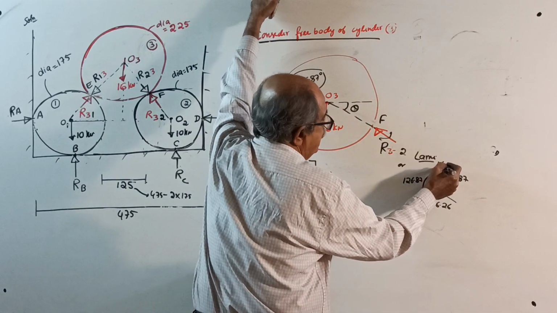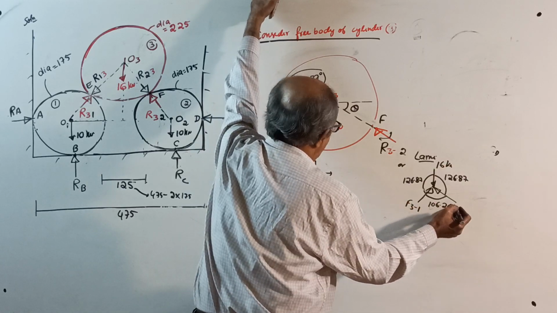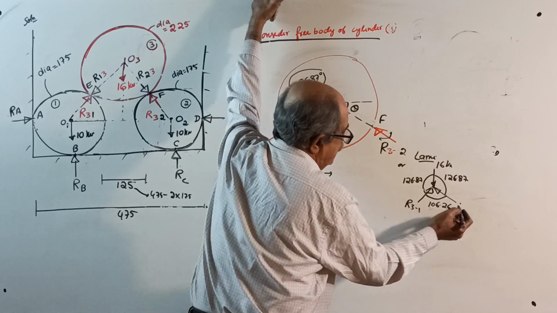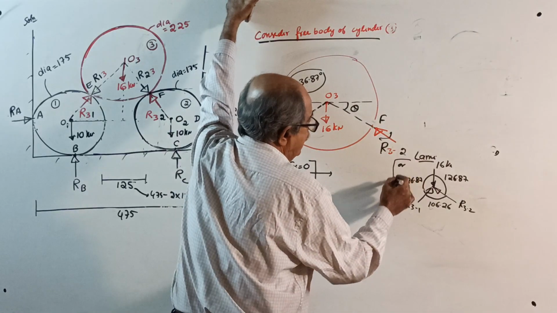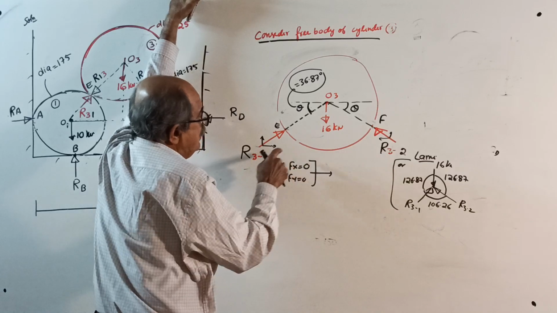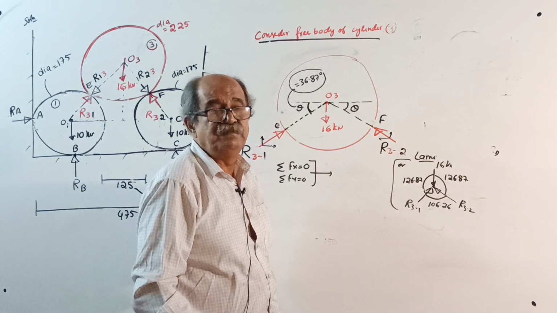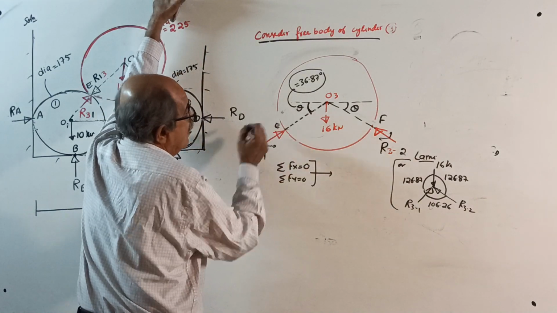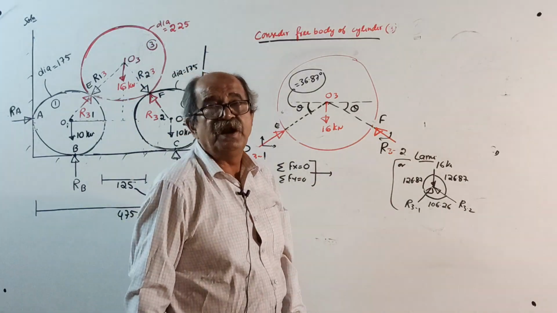This is your 16 kilonewton. This is your F31. I will not use red color, not FR. R31, R32. Either you write Lami's theorem, or if I go for equilibrium, sigma Fx: plus R31 cos theta minus R32 cos theta equal to 0, one condition.